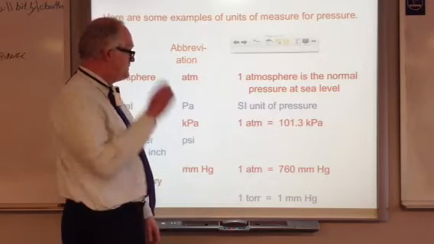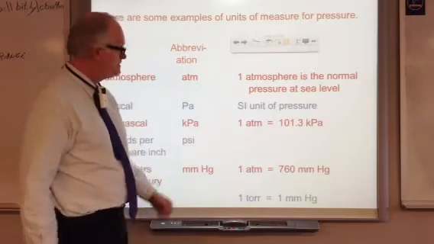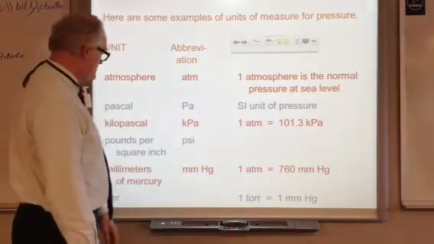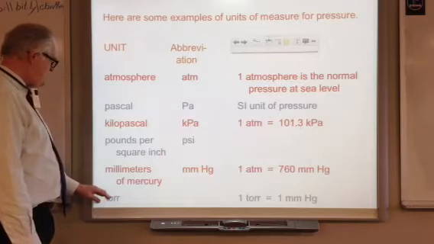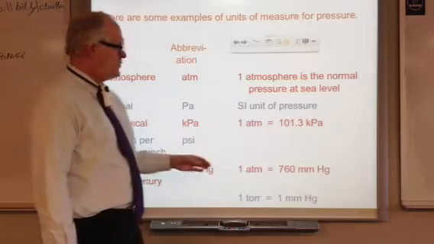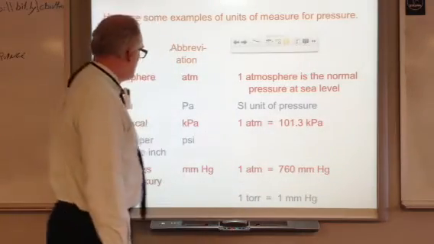Hg is the symbol for the element mercury. 1 atmosphere equals 760 millimeters of mercury. And even though it's an outdated unit, we might come across the unit torr. A torr is another name for 1 millimeter of mercury.